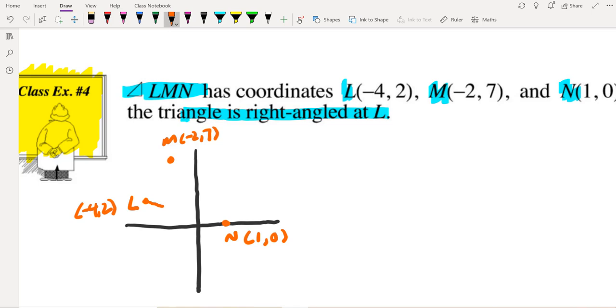Then we connect the dots and we make our triangle. Okay. So if we want to determine if L is a right angle triangle, is this 90 degrees? Right? In other words, are these lines crossing at 90 degrees?